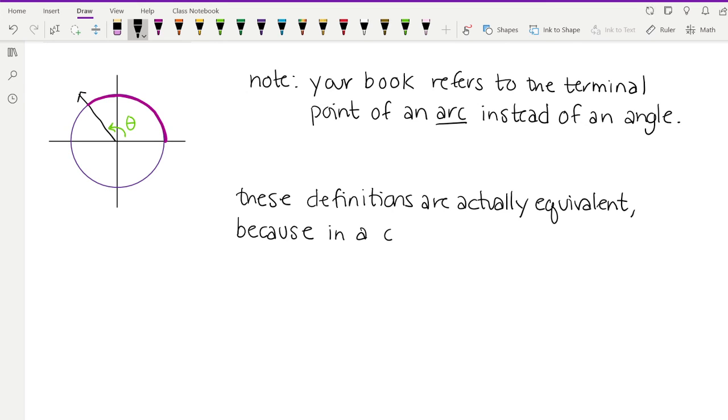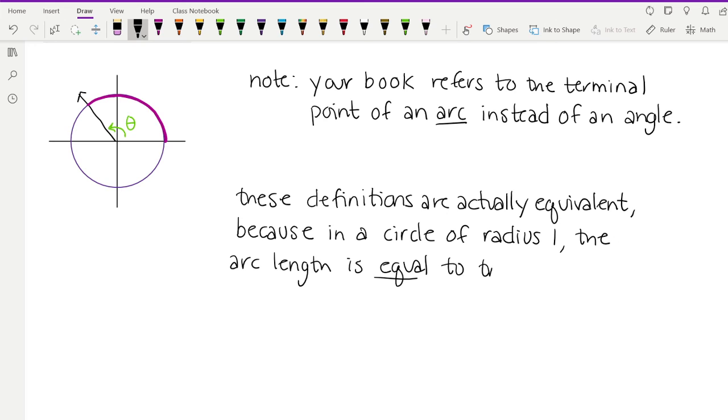So in a circle of radius 1, the arc length is equal to the central angle.